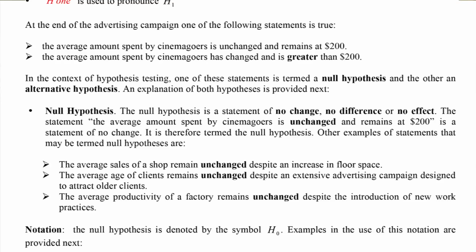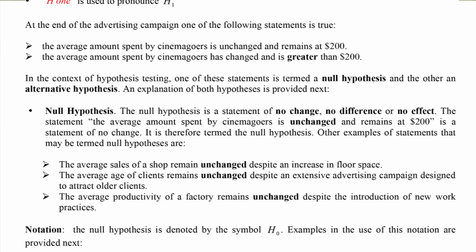All right, let's check this out. A null hypothesis. The null hypothesis is a statement of no change, no difference, or no effect. The statement, the average amount spent by cinema goers is unchanged and remains at 200, is a statement of no change. It is therefore termed the null hypothesis. Other examples of statements that may be termed the null hypothesis are, let's check them out.